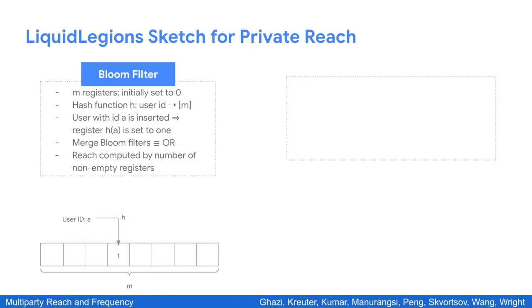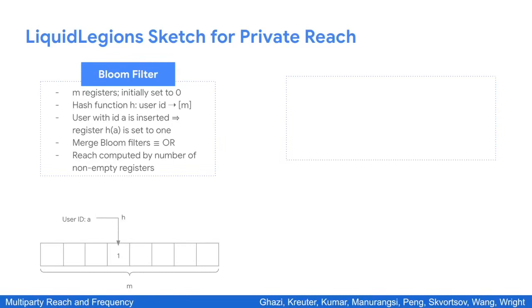And there is a hash function h that hashes each user ID to a uniformly random number from 1 to m. When a user arrives, we simply hash their user ID and then set the corresponding register to 1. Bloom filters are easy to merge by simply taking the bitwise OR. Furthermore, the reach can be estimated by looking at the number of non-empty registers.